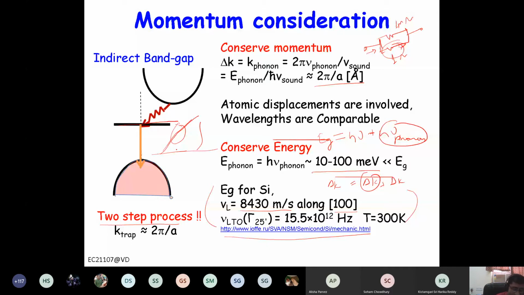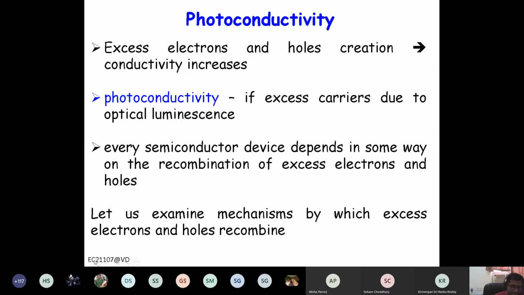Now, when generation takes place through photons, whether in direct band gap or indirect band gap, the carrier concentration increases, right? And when the carrier concentration increases, the conductivity will increase. This phenomenon is called photoconductivity. So these electrons and holes that are created enhance the conductivity, and this enhanced conductivity is called photoconductivity.